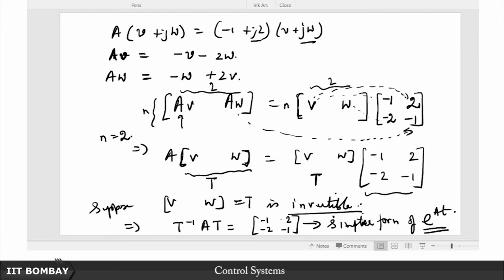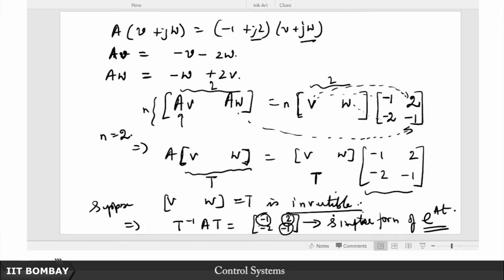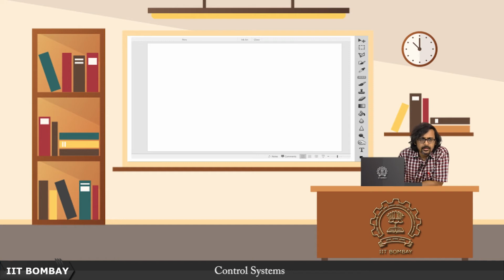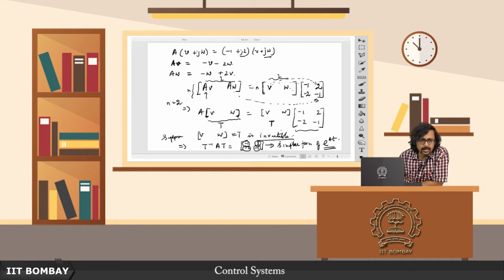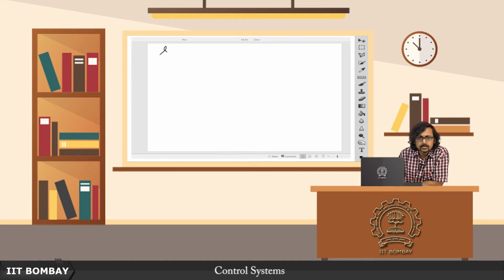So for the moment just take a leap of faith with me and we will revisit whether it is invertible or not. Assume that it is invertible, then is it true at all that this matrix of the form minus 1 2 minus 2 minus 1 is indeed of a simpler nature? Indeed, what are the entries at the diagonal and the off diagonal? Now notice, from this particular example I am not going into the general case.